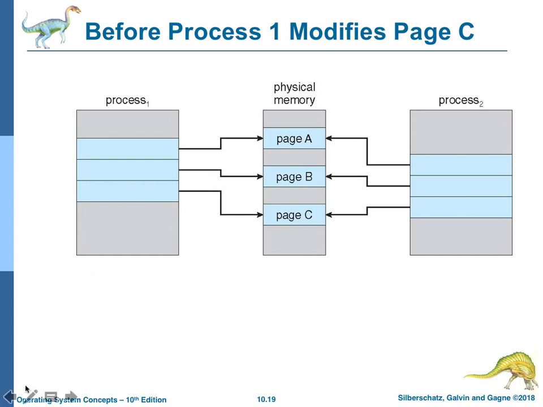If it is referencing the different locations, then this page is for process 1, this page is for process 1, and this page is for process 1, and this is for process 2, and this B is for process 2, and this C is for process 2, right?